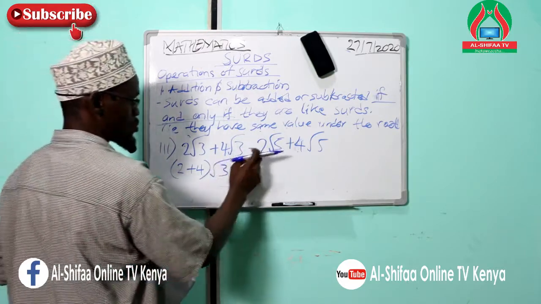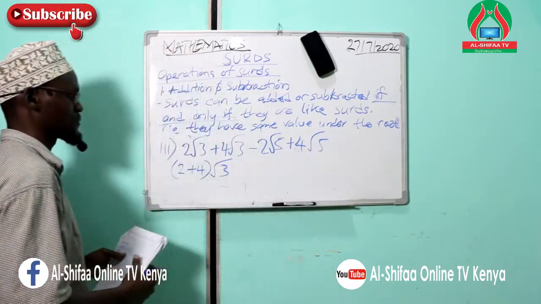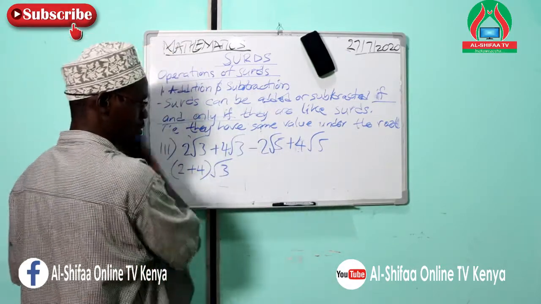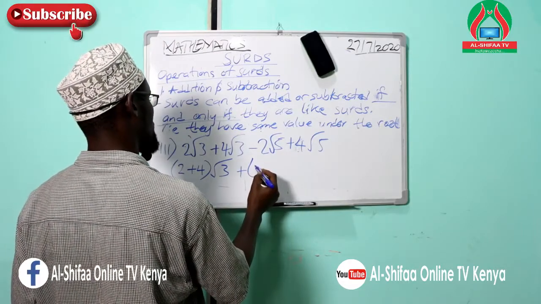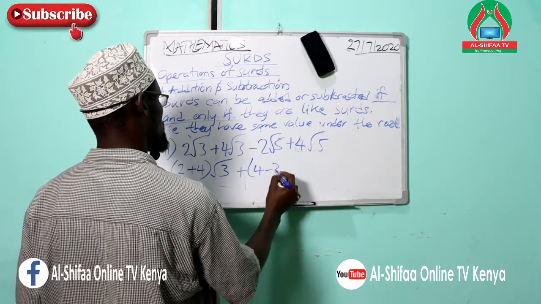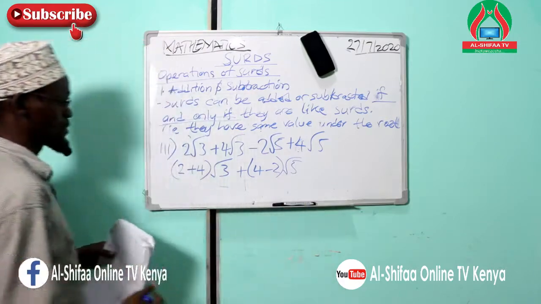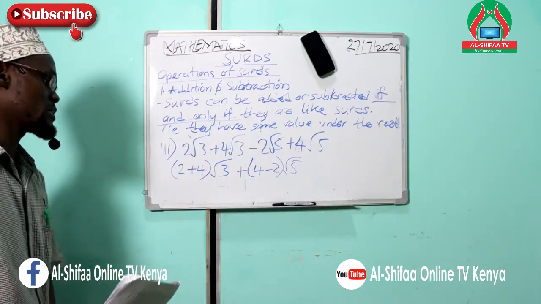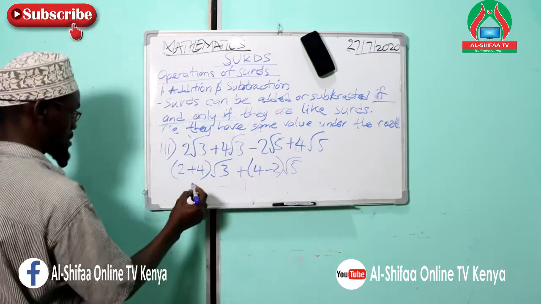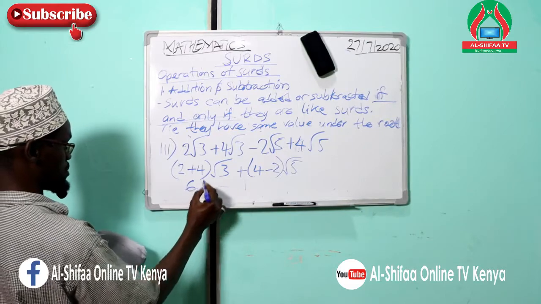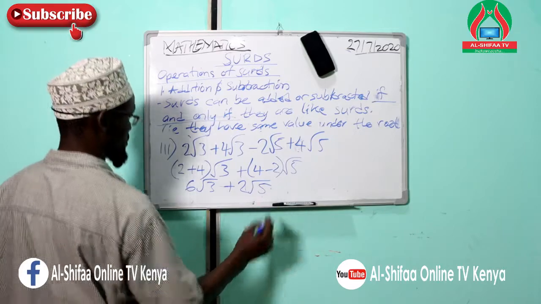Then we have minus 2 root 5 plus 4 root 5. We can turn it the other way around, or it's 4 minus 2 in brackets root 5. So 2 plus 4 you get 6, and 4 minus 2 you get 2. So our answer becomes 6 root 3 plus 2 root 5.